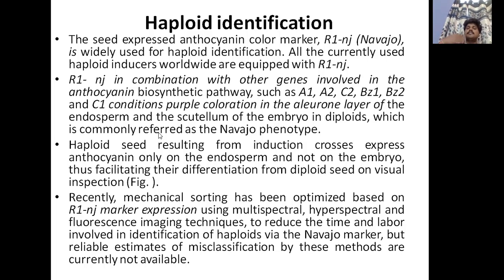Haploid seed resulting from these induction crosses expresses anthocyanin only in the endosperm but not in the embryo, thus facilitating differentiation from diploids on visual inspection.